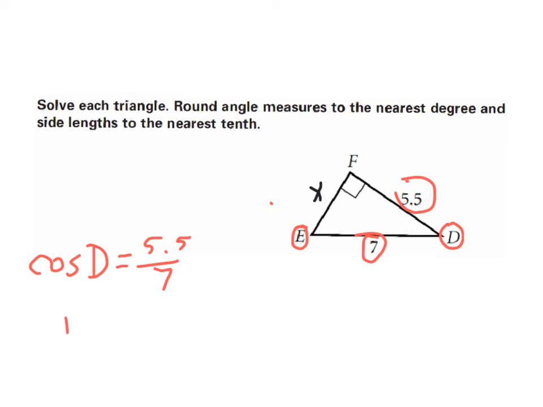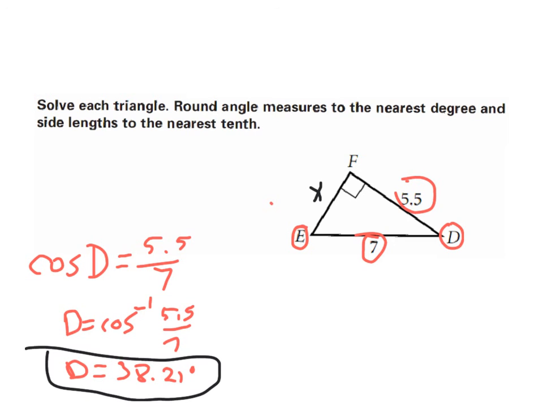You do inverse cosine, so D would be cos inverse of 5.5 over 7. And you get 38.21 degrees. There, I started it. You can check the rest of the notes.